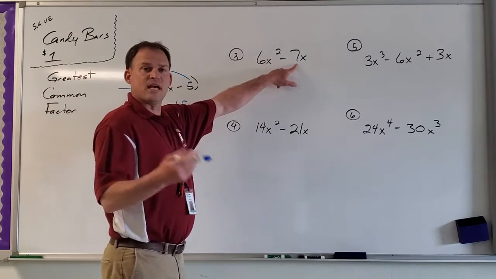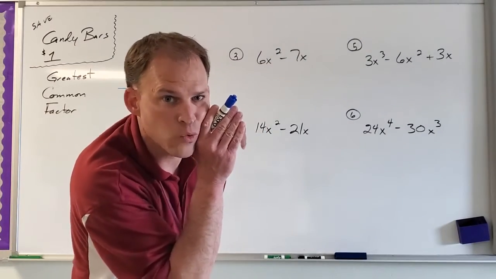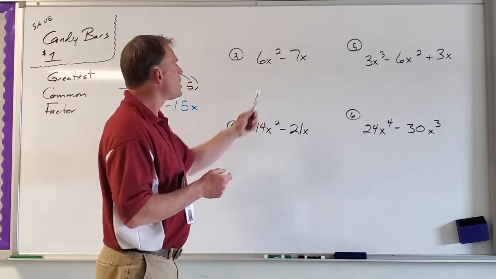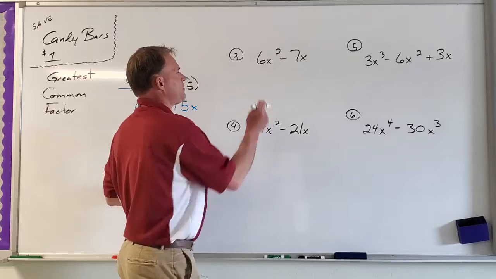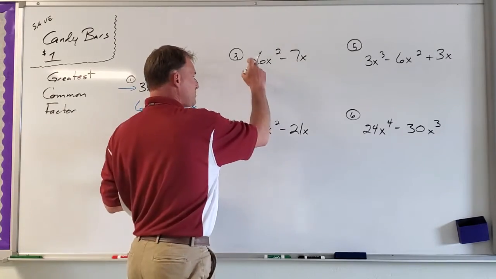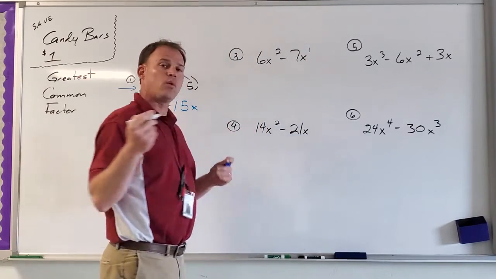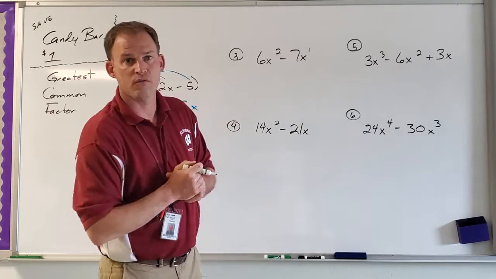So let's take a look at the next one. I look at 6 and 7. Is there anything that goes into 6 and 7? 1 doesn't count. No. Do they have anything in common though? Yeah, they both have x's. So that is my common factor. When I look at variables, I look at the ones they have in common, and I take the smallest variable of what they have in common.